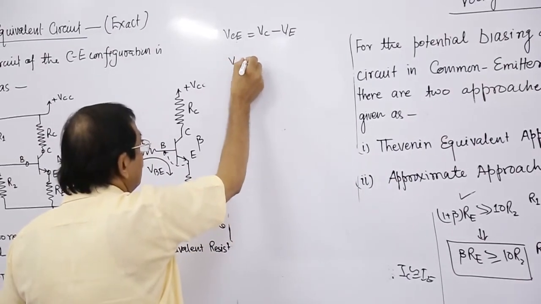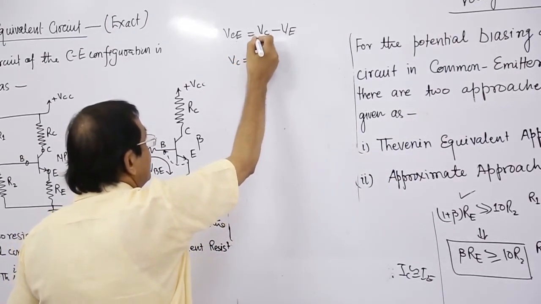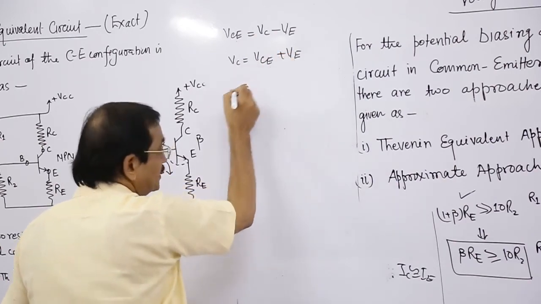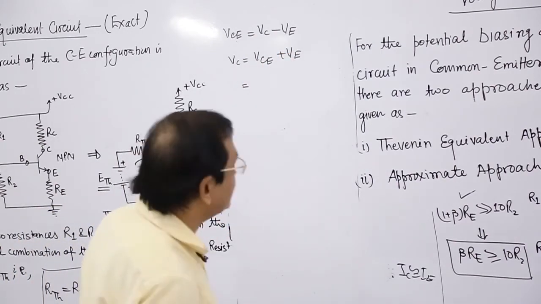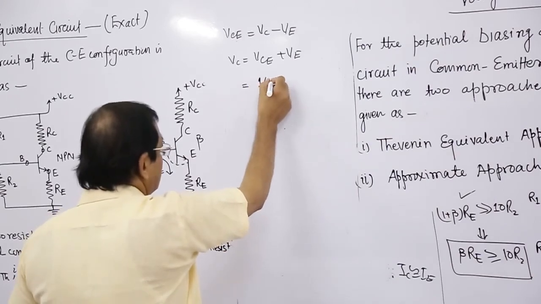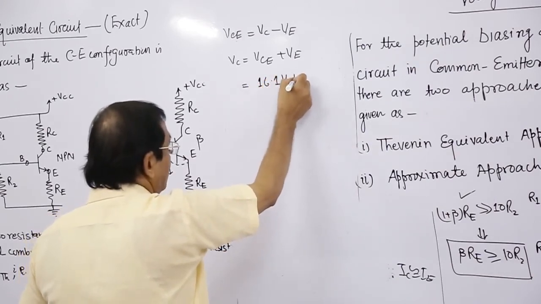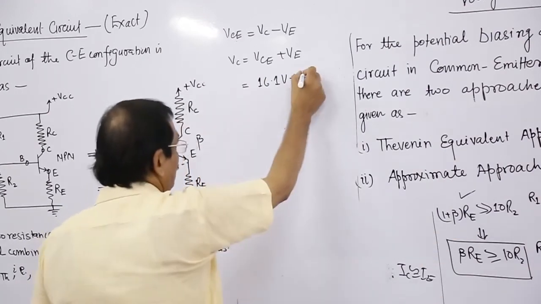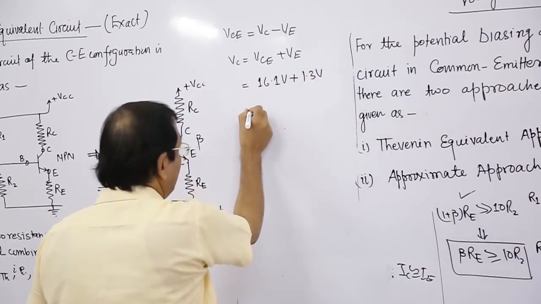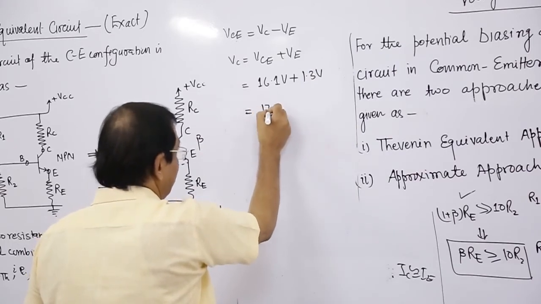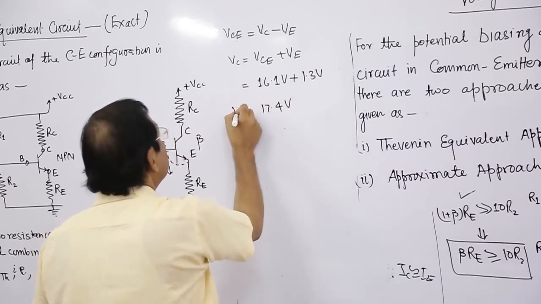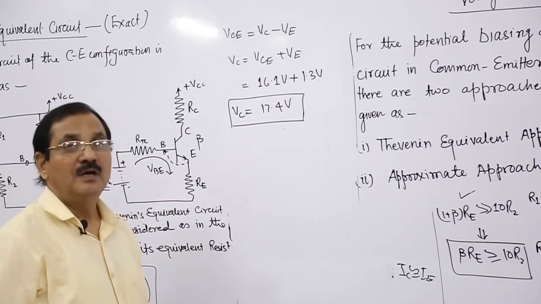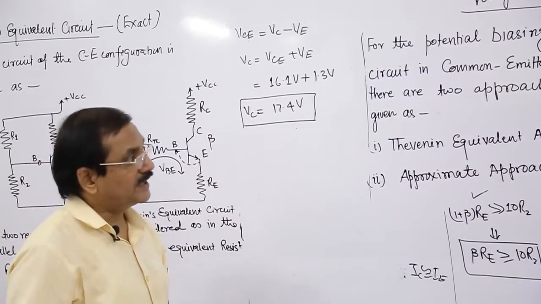So, VC is equal to VCE plus VE. So, this VCE is 16.1 volt plus VE is 1.3 volt. So, this is 17.4 volt is VC. VC is this much.